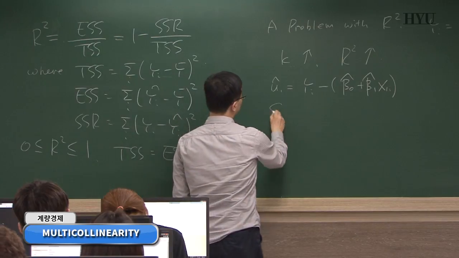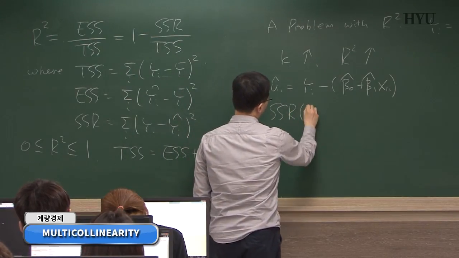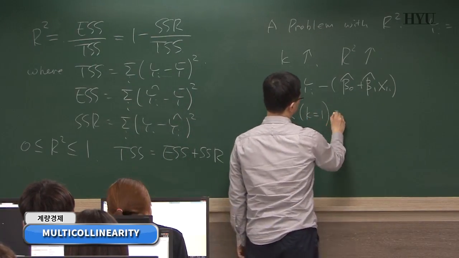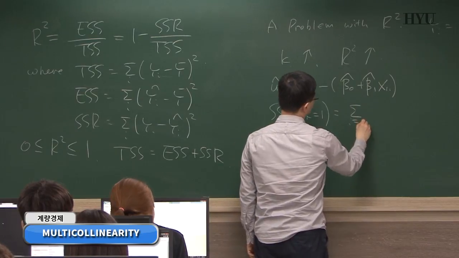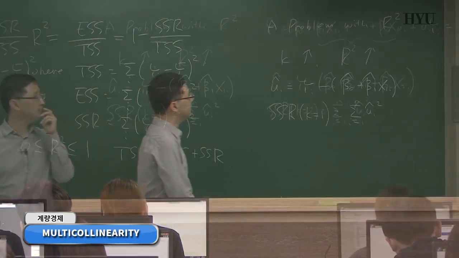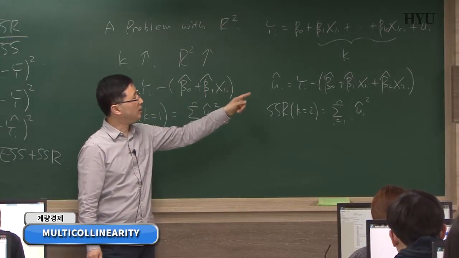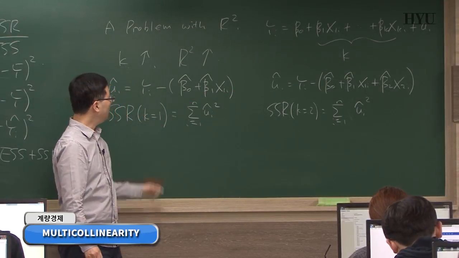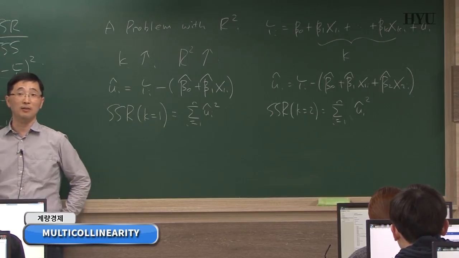And SSR, when k is equal to 1, is written as, so when you increase your k or add one more independent variable, you may have a different SSR, right?